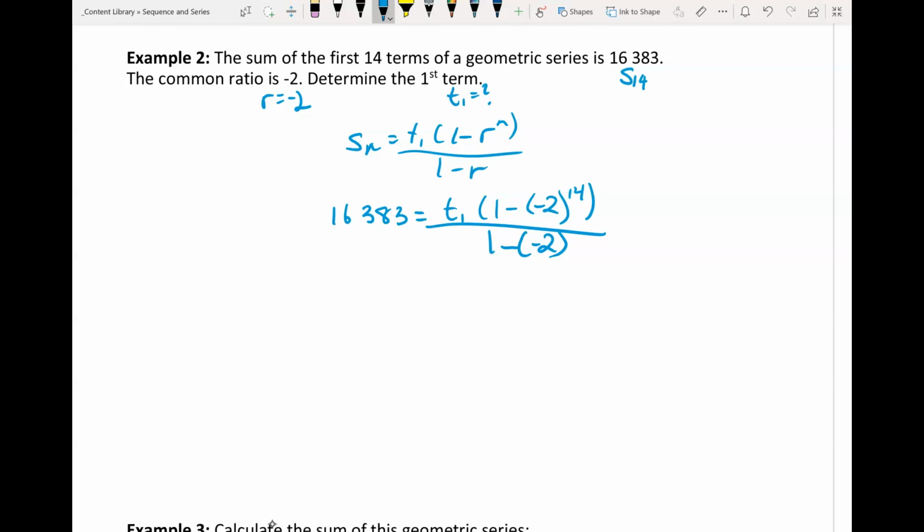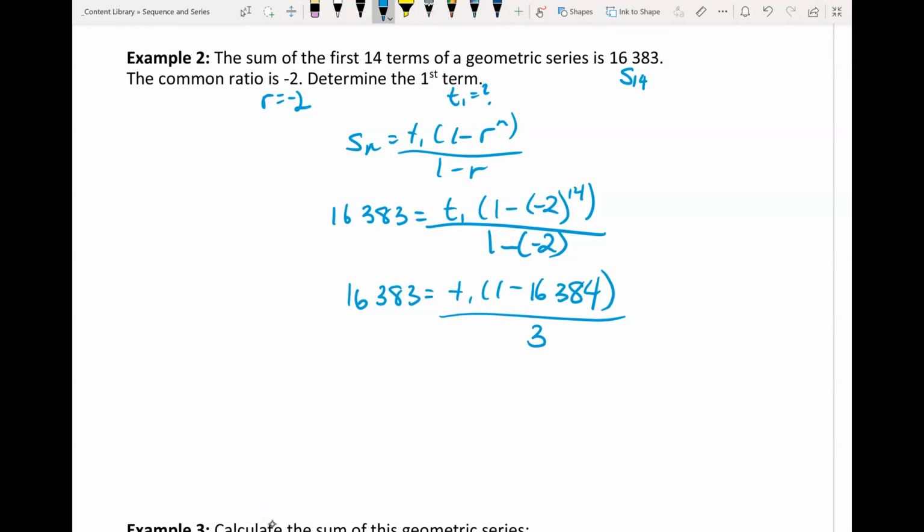Now simplify our denominator first, which is going to be 3. And I'm also going to find what -2 to the power of 14 is, and that is 16,384, all over 3.